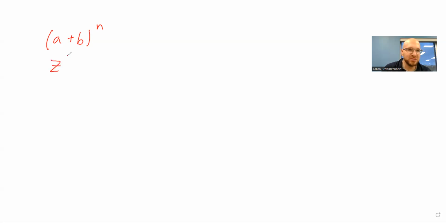It is a complex number to the power of n. Or we could think of that as a plus bi to the n. Or in polar form, let me use brackets this time, r cosine theta plus i sine theta, to the power of n, taking the whole complex number to the power of n.